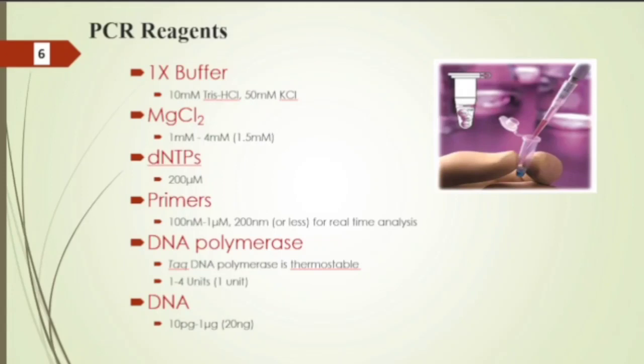This special Taq polymerase is extracted from thermophilic bacteria, the bacteria which live in hot springs. From that bacteria, this Taq polymerase is extracted. This Taq polymerase is essential to produce more DNA copies. Next, the DNA sample copy. These are the reagents, chemicals required for the PCR technique.